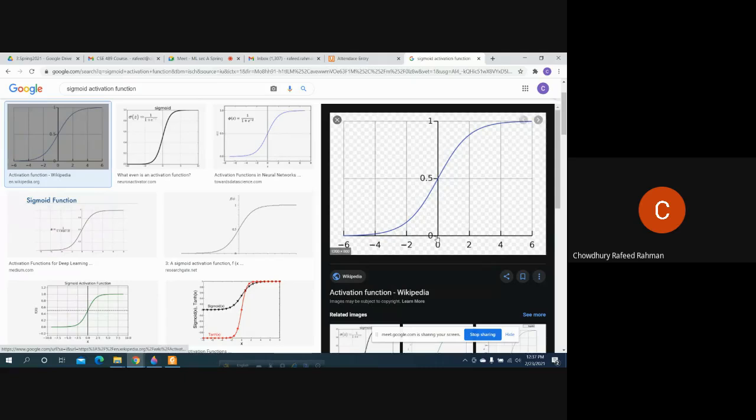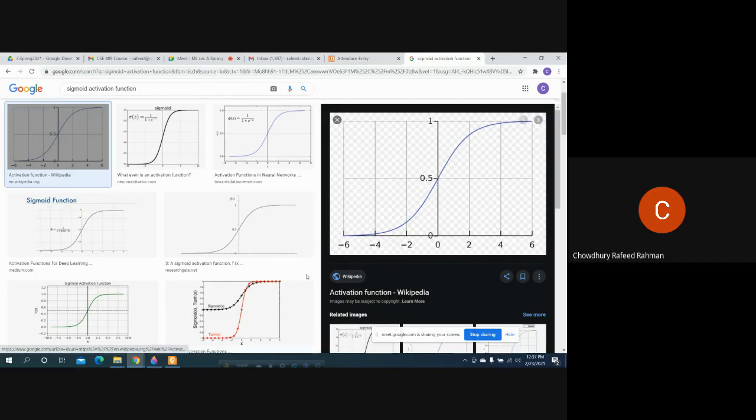The below value is 0 and the value that is above is 1. And all values, no matter how big they are, will be compressed between 0 and 1. Is it clear from the picture? Yes, sir. And if we put 0 inside the sigmoid function, then it will return 0.5.